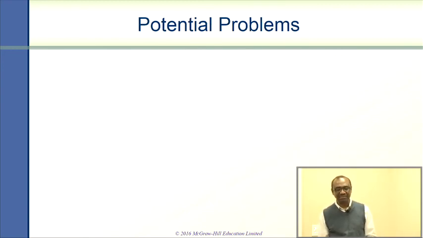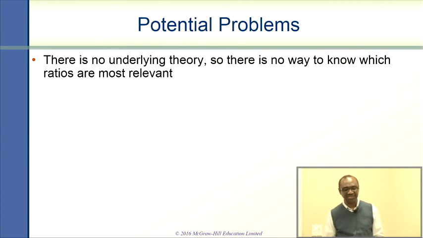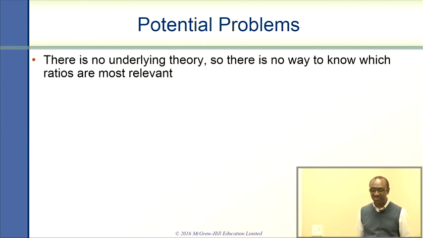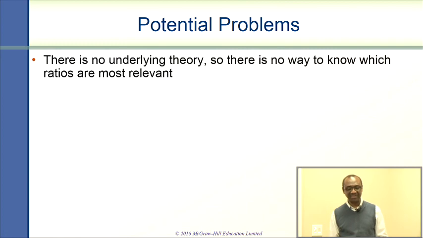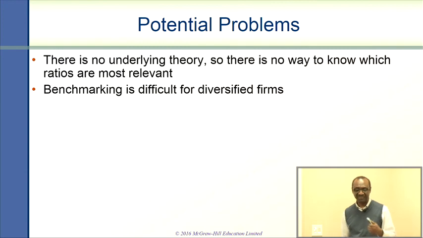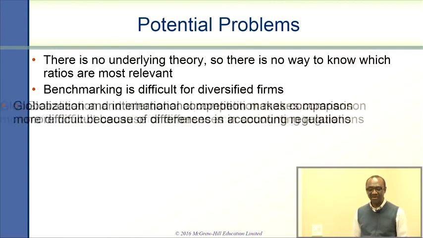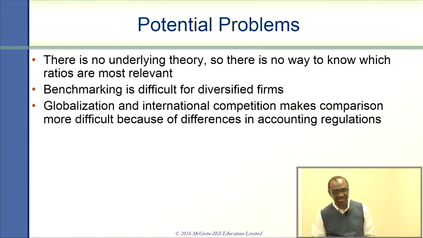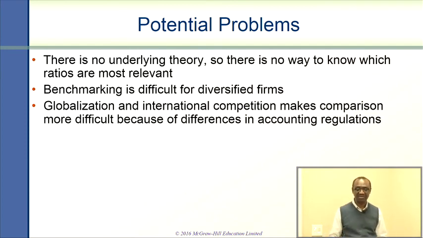Here are some problems with this method. It has no underlying theory, so there is no way to know which ratio is most relevant, but we need to identify what is relevant and then use it appropriately. Benchmarking is equally difficult for diversified firms, and globalization and international competition make comparison more difficult because of differences in accounting regulation in different jurisdictions.